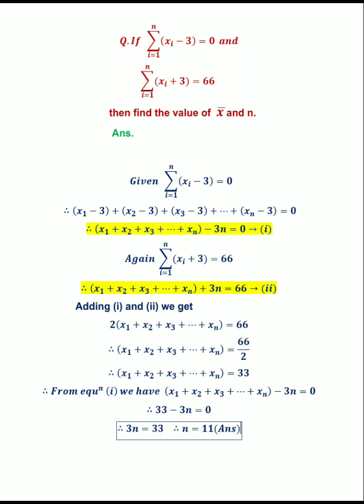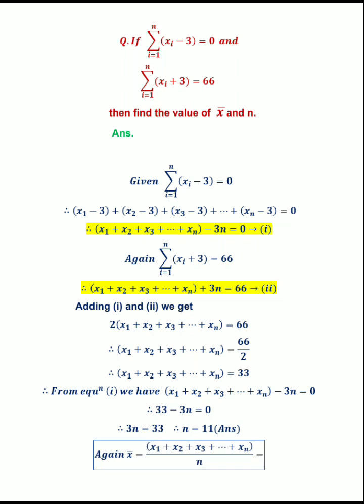Now we have to use this n to get x bar. We write x bar equals (x1 plus x2 plus x3 plus dot dot plus xn) by n. This is the definition of x bar: the mean of the xi.